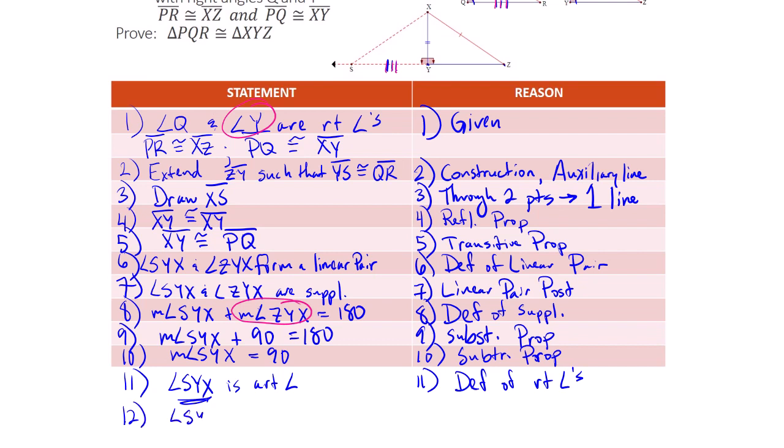So angle SYX must be congruent to angle Q and it must be congruent to angle ZYX. And that's by, we know that all right angles are congruent.